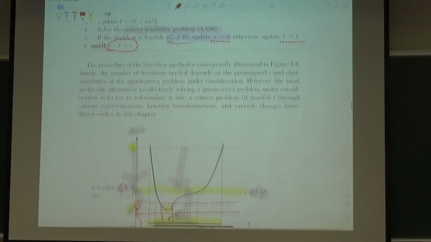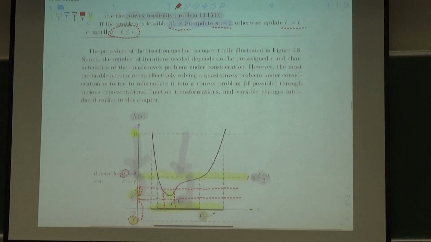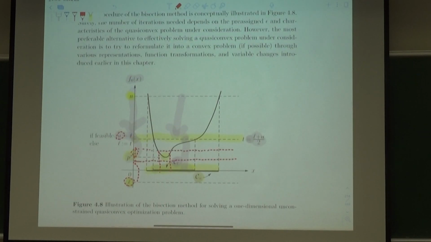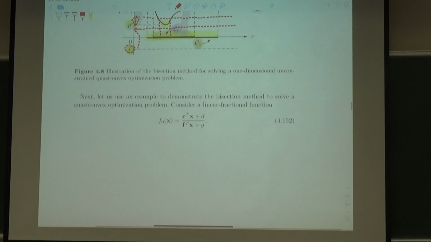This is also a convergence criterion. When your algorithm stops, your solution will be within p star plus epsilon. Okay? So that's the idea.